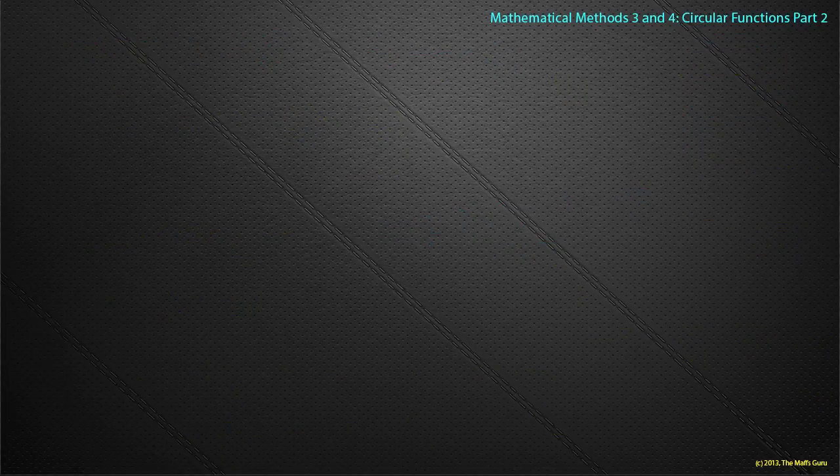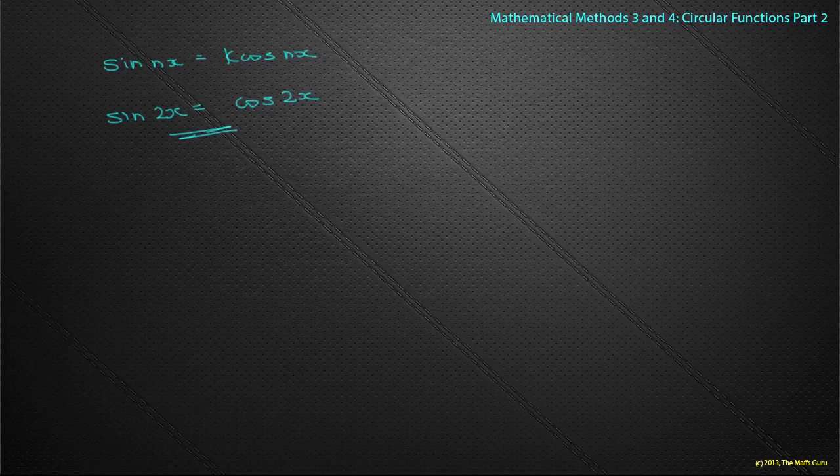Drawing towards the end of this video, we get the idea of trying to find solutions of equations such that you have sine of nx is equal to k cos of nx, right? A simple example is sine of 2x is equal to the cos of 2x. Now this is a huge trick, and it uses one of the simplest trig identities in the world.